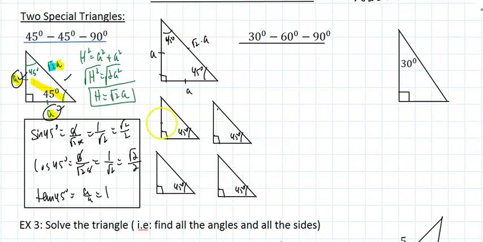If I was to tell you that this side is 3, you would know automatically this side is 3. So the given is the black portion. If you were to tell me that this is given, I would know automatically this is a 3, and that makes this a radical 2 times that 3. If you tell me, given that this is a 10, well, I would know automatically this must be a 10, and this must be a 10 times radical 2.